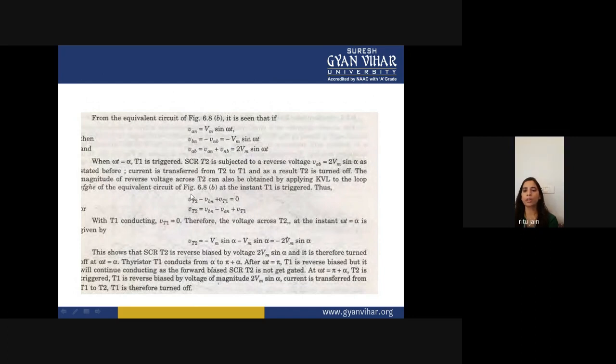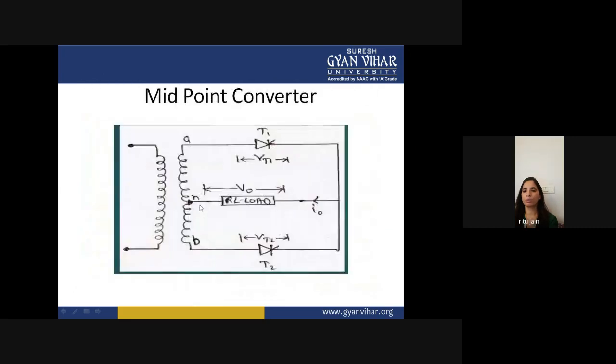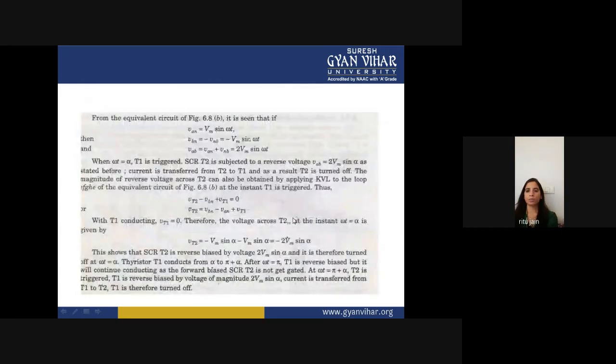So when you apply KVL across this loop, you will get this equation: VT2 minus VBN plus VT1 is equal to 0. So the voltage across the thyristor is equal to VBN minus VAN plus VT1.